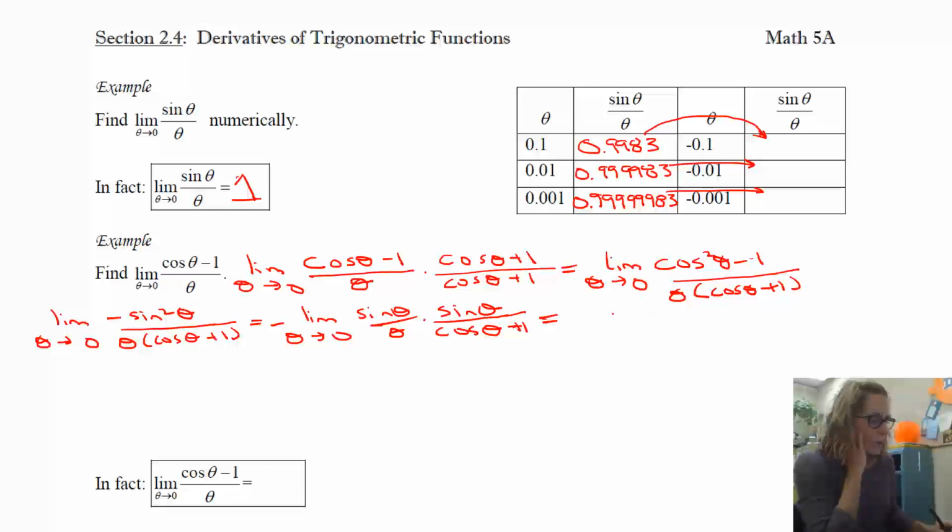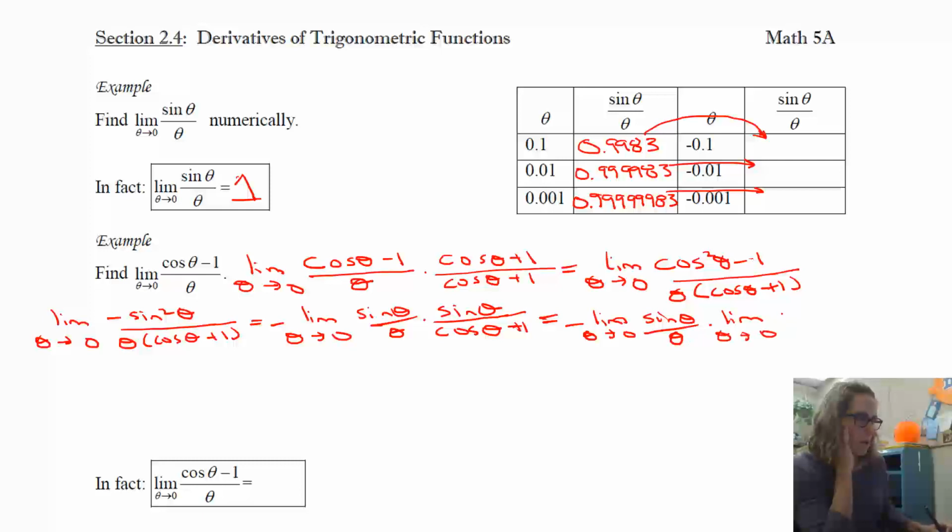Coming back over here, we can use our limit laws to separate into two limits. So I'll go limit as theta goes to 0. I'm going to have sine theta over theta, don't be surprised, we already know the answer to that, times the limit as theta goes to 0 of this sine theta over cosine theta plus 1.